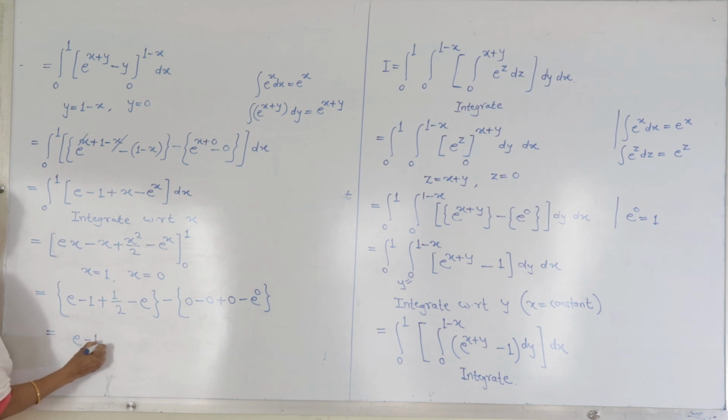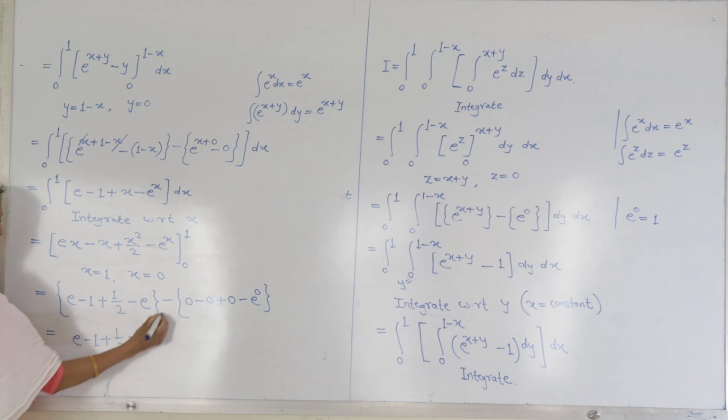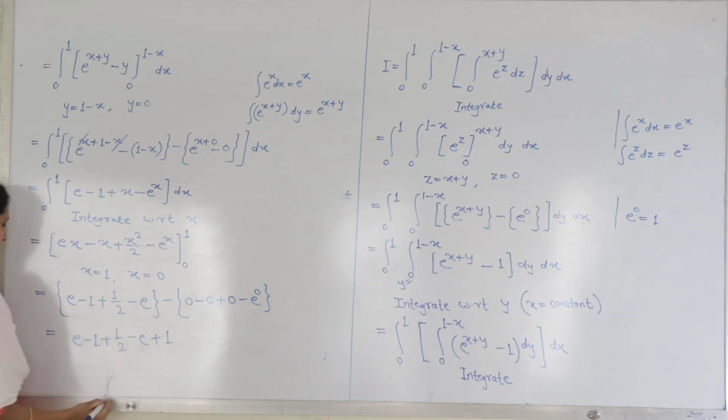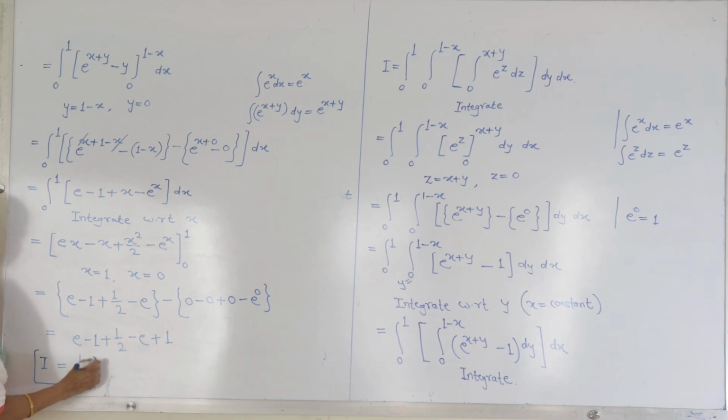So e minus 1 plus half minus e, and plus e raised to 0 is 1. That is, the last answer is 1/2. The triple integration is 1/2.